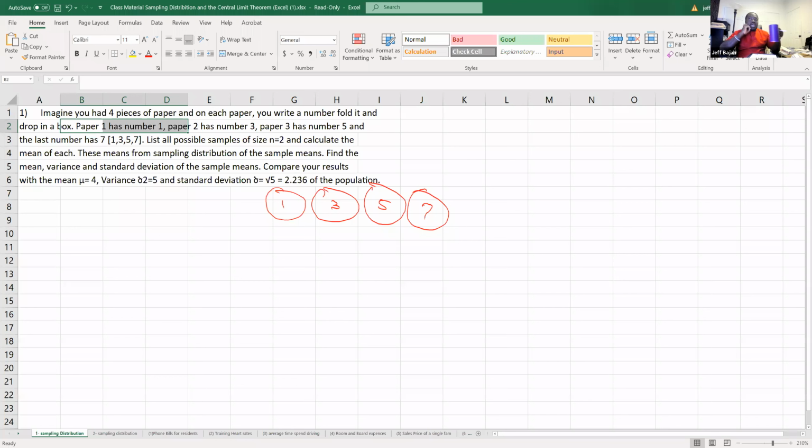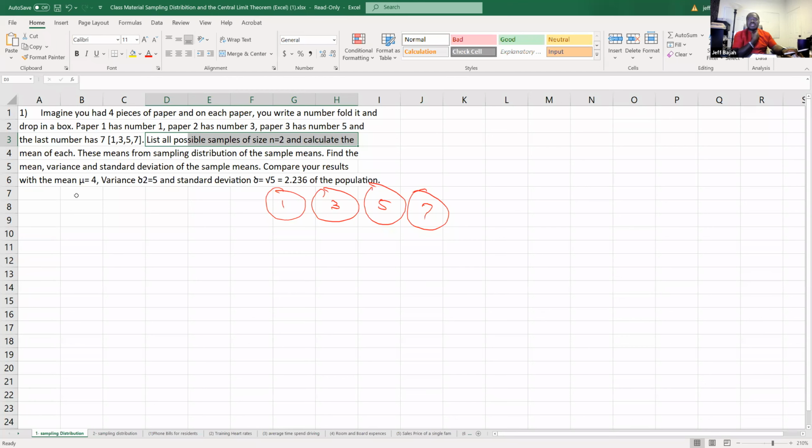And now the question is, list all possible samples of size n equals 2 and calculate the mean of each. What are all the possible selections if you choose 2 only? If you're going to choose only 2 papers out of this container, what are all the possible selections that you can make?